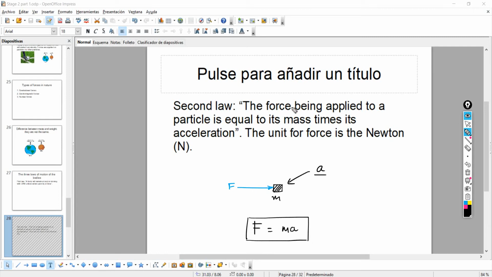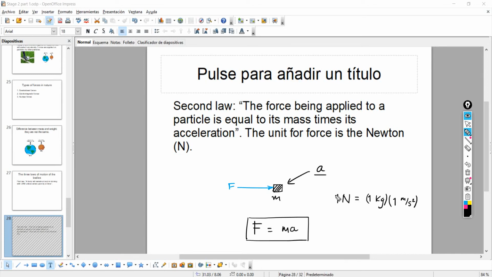Basically, all of these words are set in this basic equation: force equals mass times acceleration. And the unit for force is the Newton, represented by an N. What is a Newton? 1 Newton is equal to 1 kilogram times 1 meter per second squared.